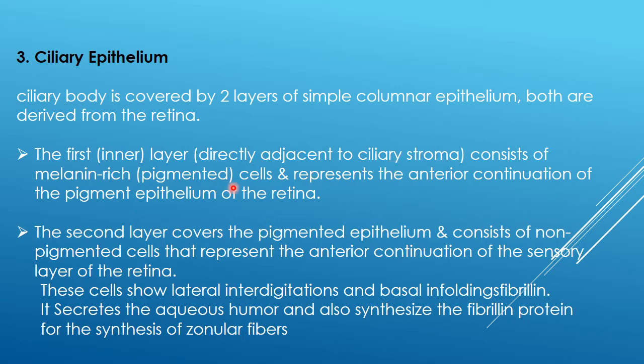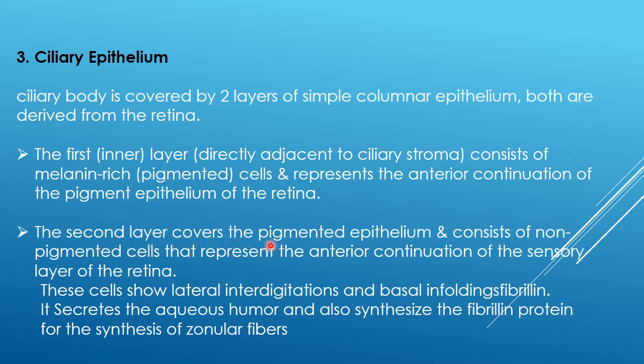It has melanin-rich cells, giving it a pigmented appearance. It represents the anterior continuation of the pigment epithelium of the retina. When you study, you will understand that there is the retinal pigment epithelium, and its extension gives that pigmented epithelium of the ciliary body.